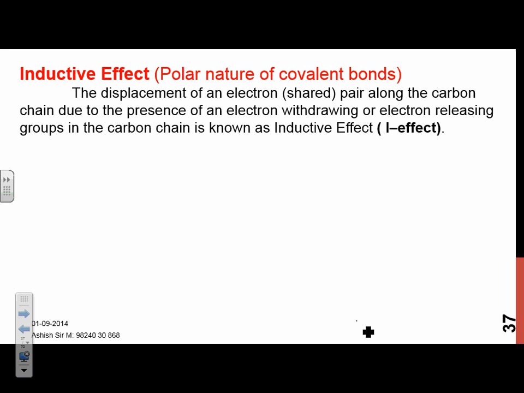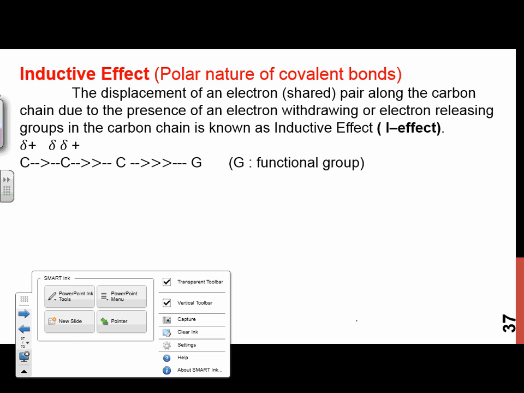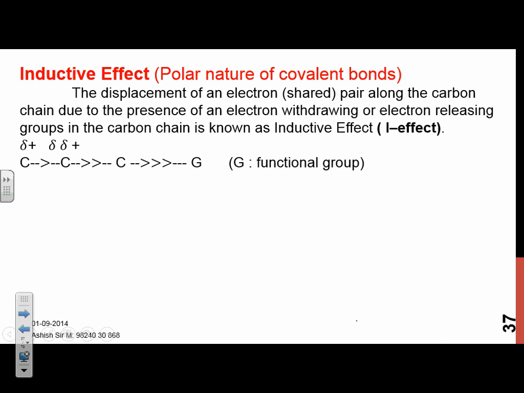There are two kinds of inductive effect. One effect which we talked about over here is the electron withdrawing group. This particular group withdraws, normally withdraws.